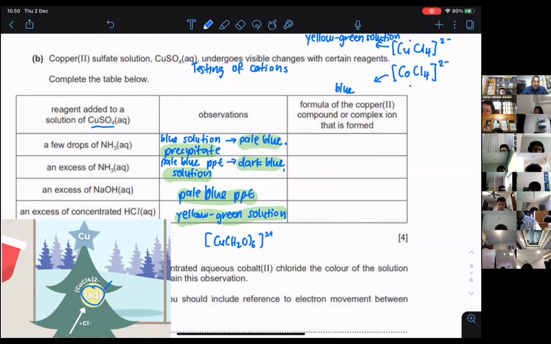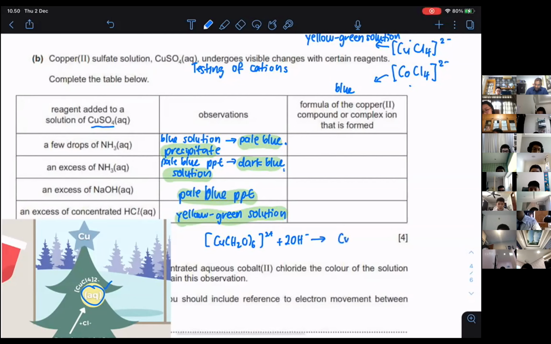So what will happen? The OH from the water, because there is not a lot of ammonia, is the one that is going to go in. It's similar to OH ligand exchange, so the 2 OH will go in.